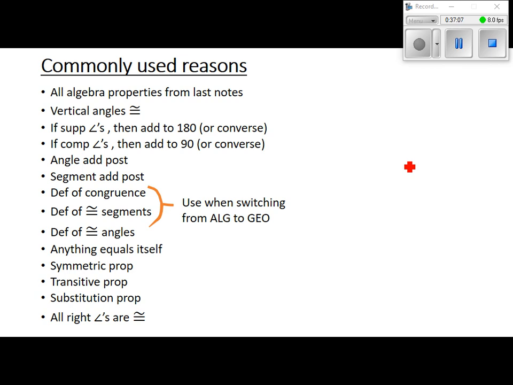These are the reasons that you'll use in a lot of your two-column proofs. You forgot the degrees sign on that 180. Sorry.